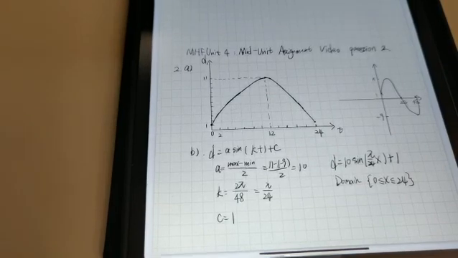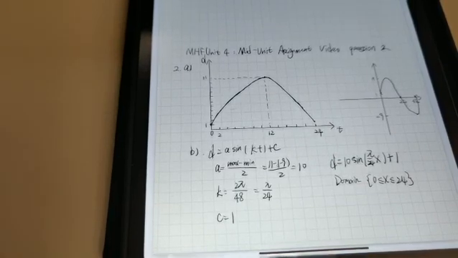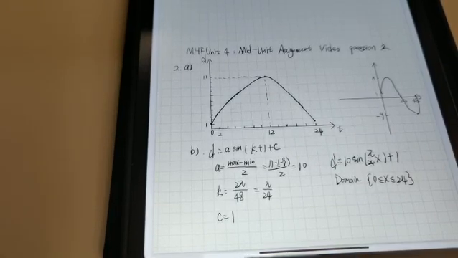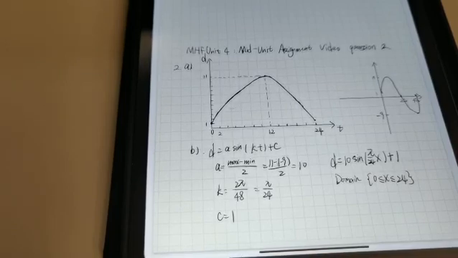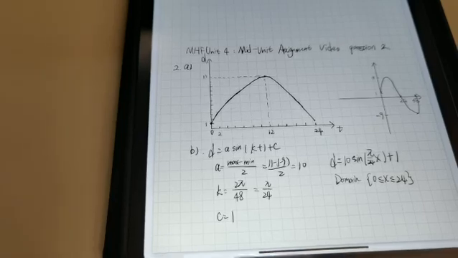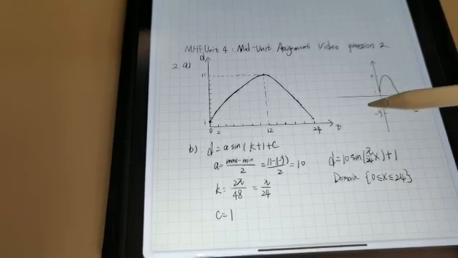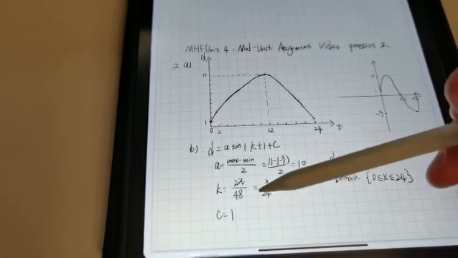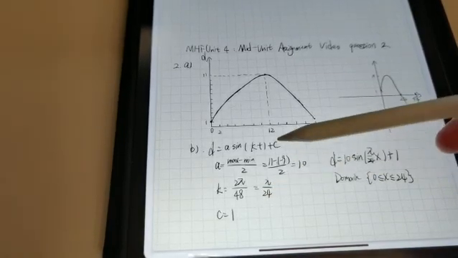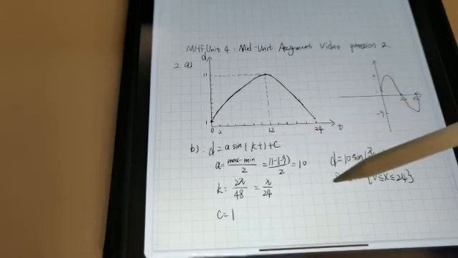So it's 11 minus -9, divided by 2, which is 10, and the period is 2 pi divided by 48. Simplified, k is pi divided by 24, and because it's 1 meter above the ground, c is equal to 1. We need to add 1 at the end of the equation.